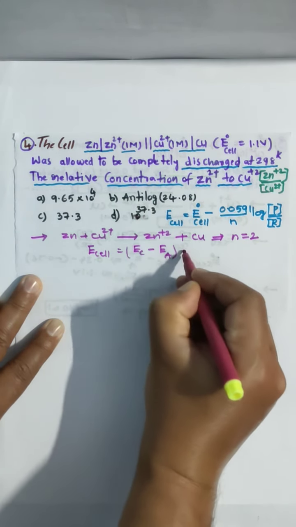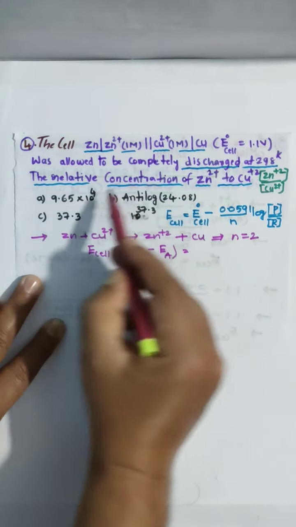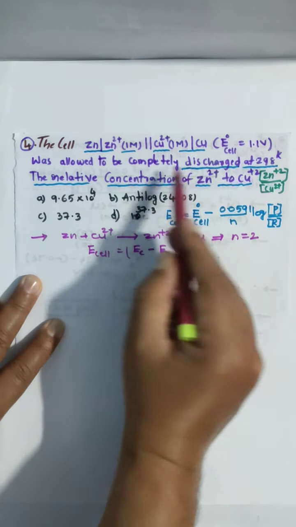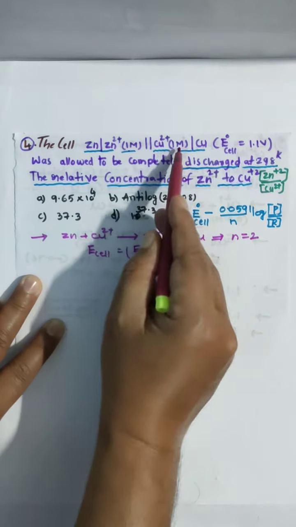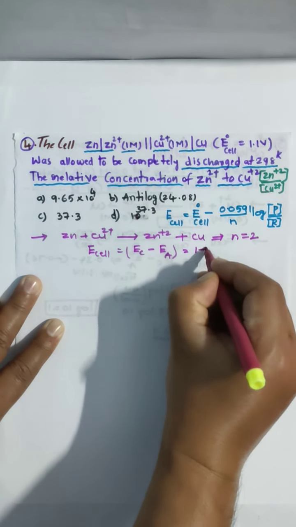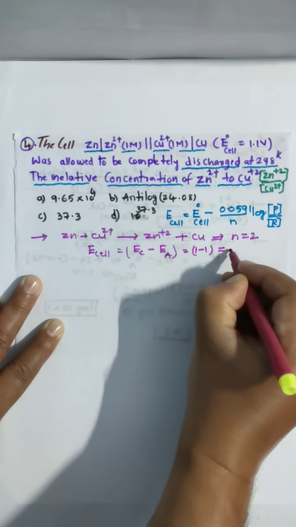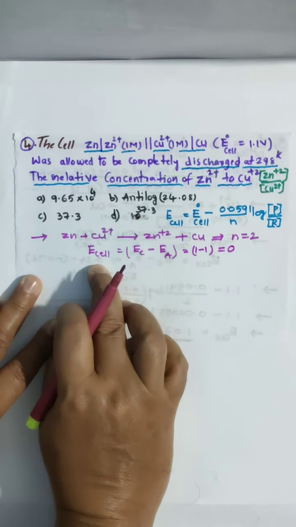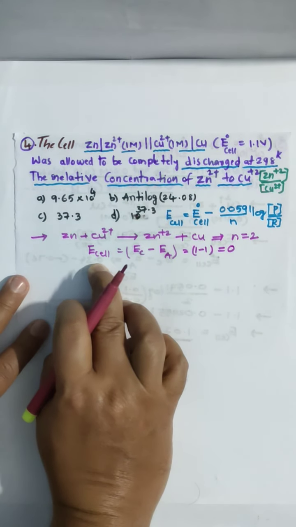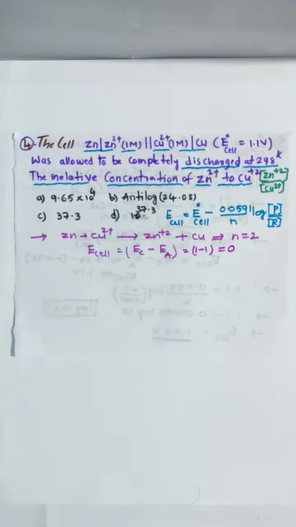Both are 1 molar given, so 1 minus 1 equals 0. E cell value is 0. Clear? It is E cell value, not E naught cell.